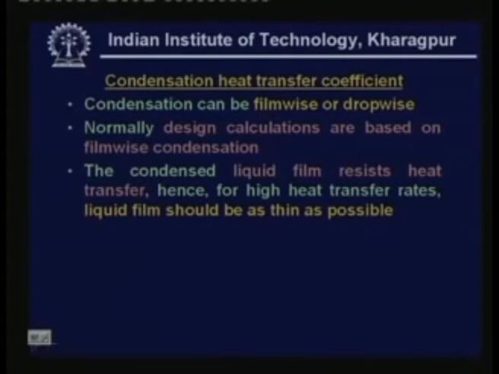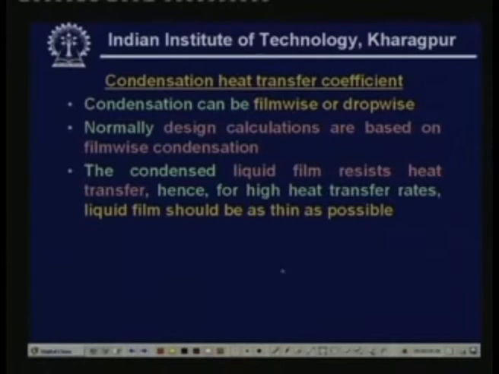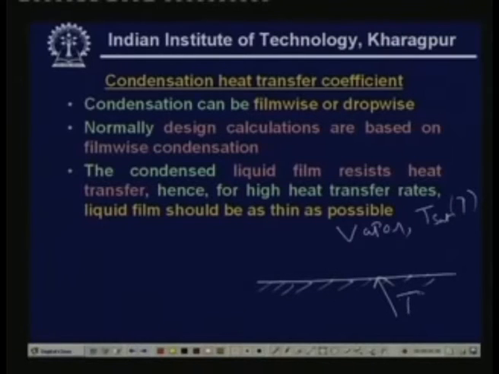Let me quickly explain this with a very simple example. For example, we have a plate, let us say a horizontal plate, in contact with a vapor. Let us say that this vapor has a saturation temperature of Tsat at that particular pressure P, and let the surface be at a temperature T which is less than Tsat.